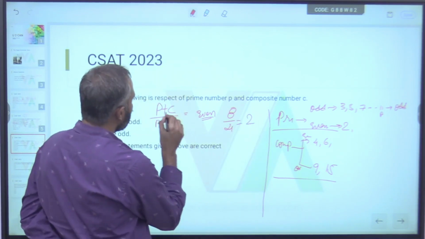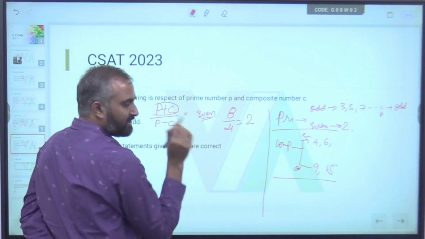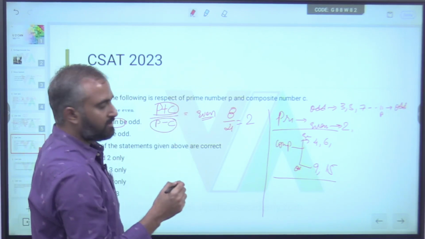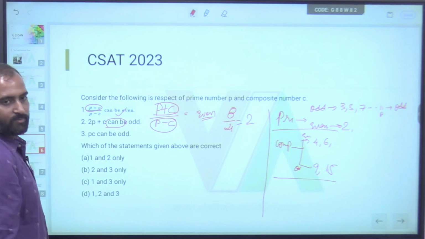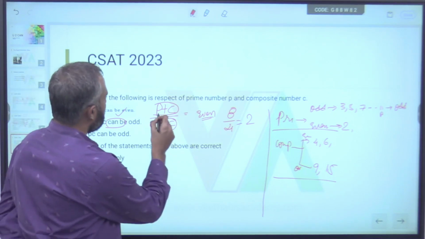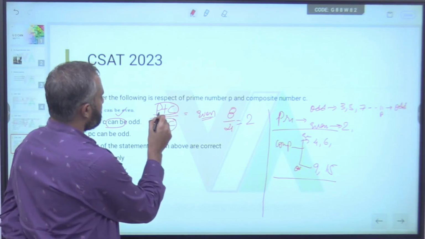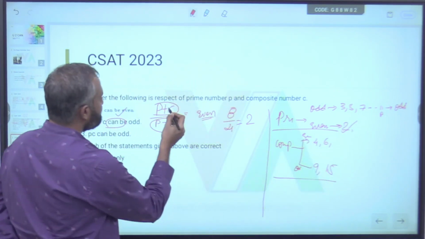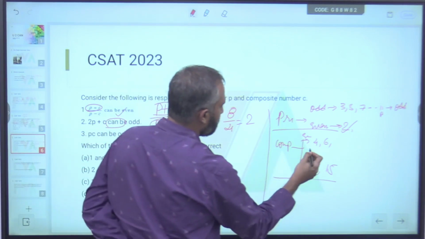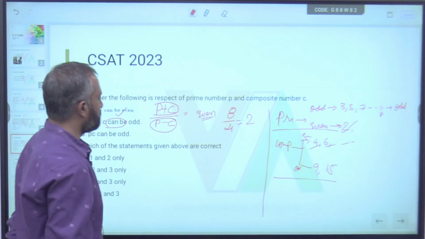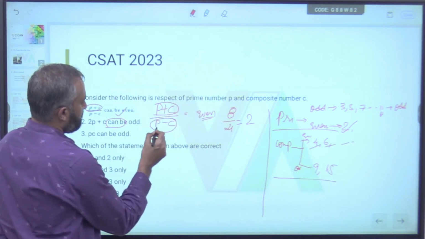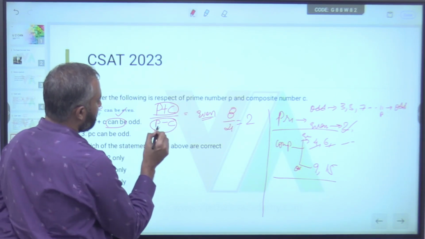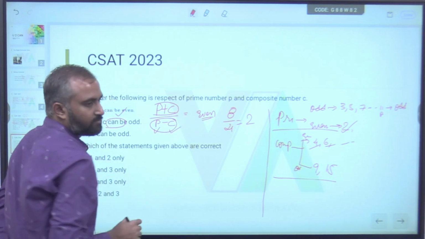So, if I am able to prove even in one case for P plus C and P minus C, now let's see, is there an even composite number? Yes, we have. There is an even prime, 2, and there are even composites.